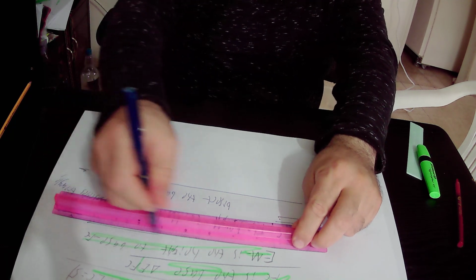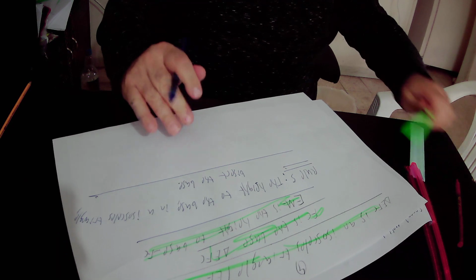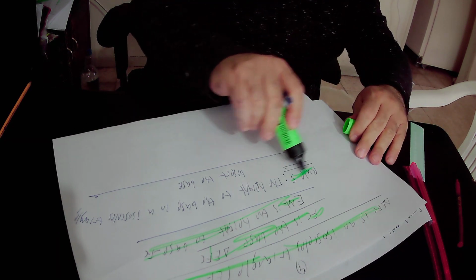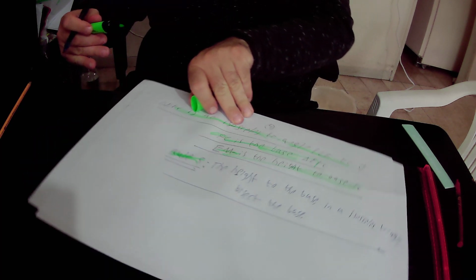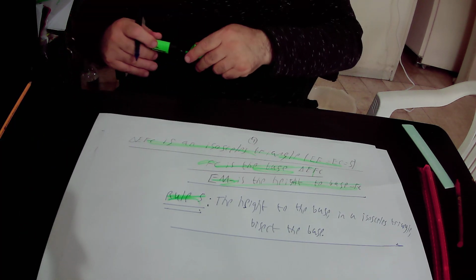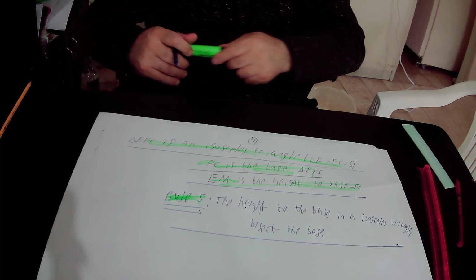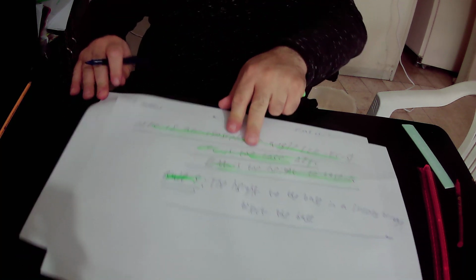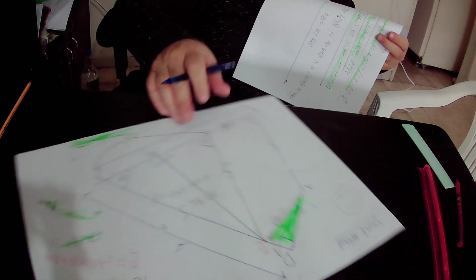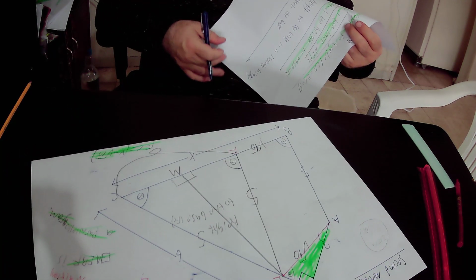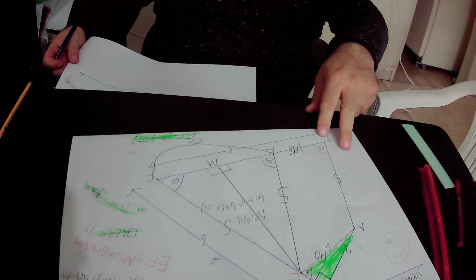So I read rule number 5 again. According to rule number 5, the height to the base in an isosceles triangle bisects the base. So here we relate to the isosceles triangle EFC.